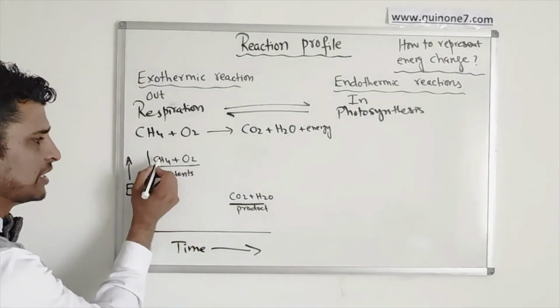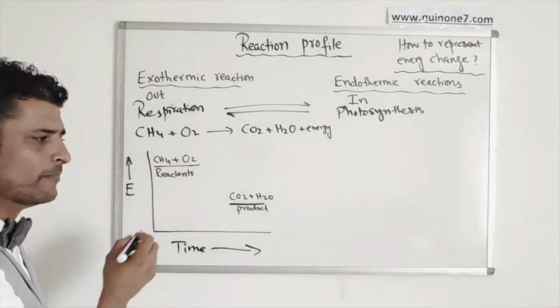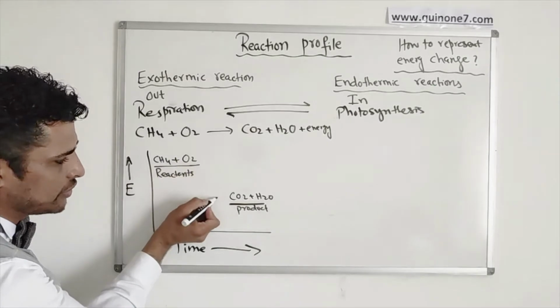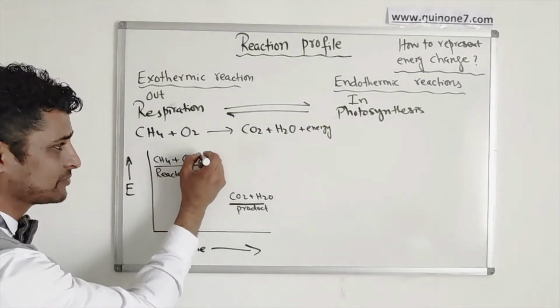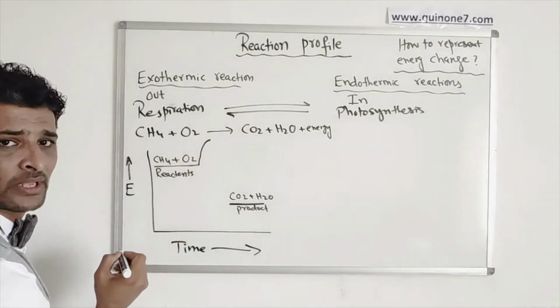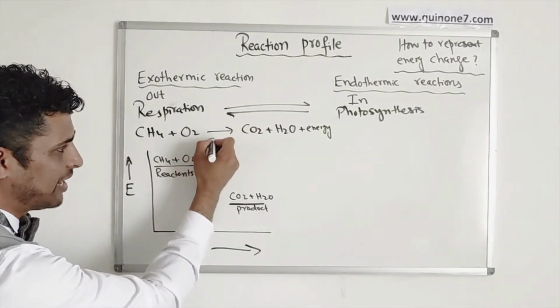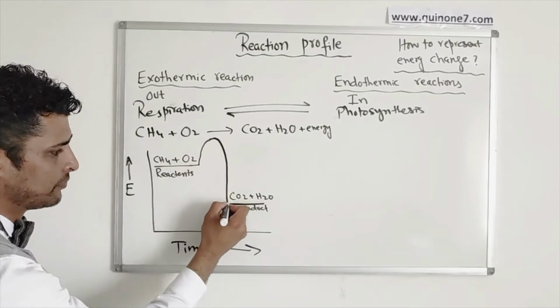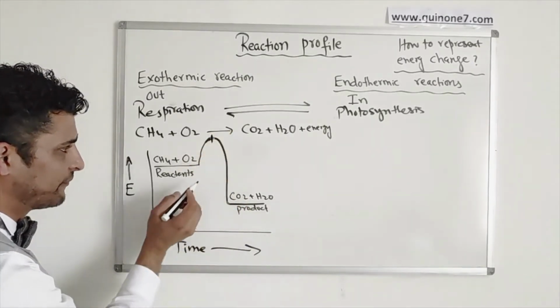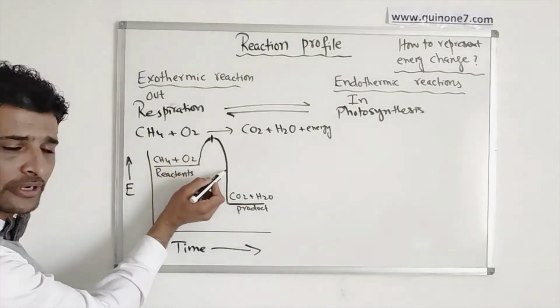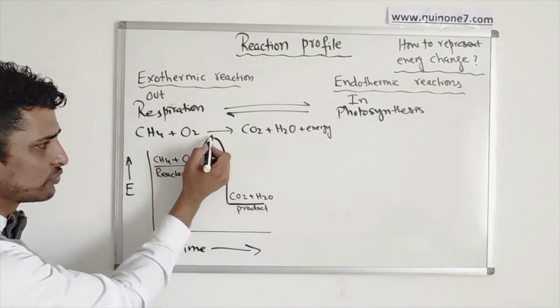So CH4 and O2 do not go straight into the product. Even though the product has low energy, you have to provide some energy first, up to the top of the curve, before it starts converting to product.